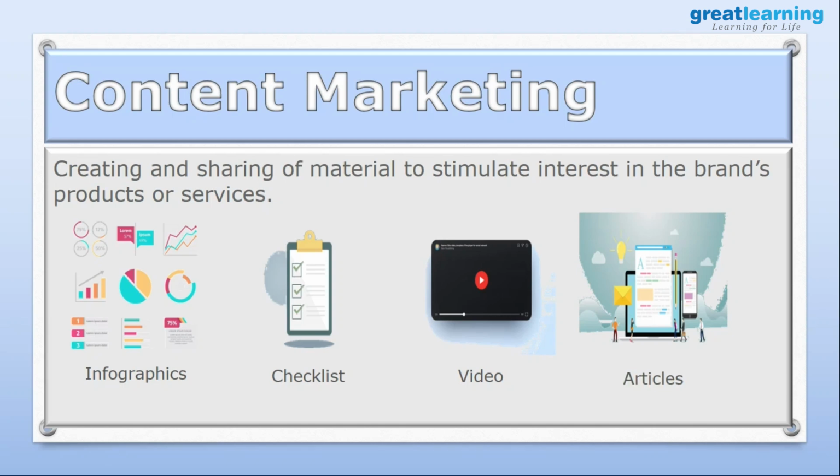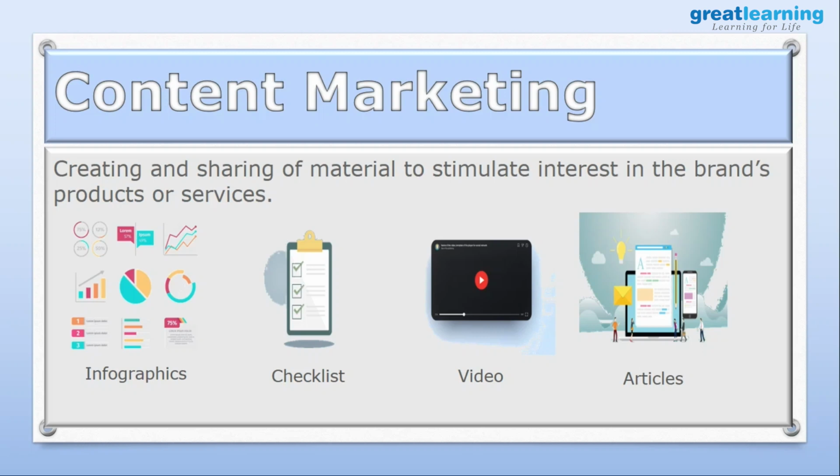So your content can be in a form of an infographic. Infographics are a visual representation of data. So it can be graphs or it can be an image, anything with minimal text in it. And they're supposed to present information quickly and clearly.